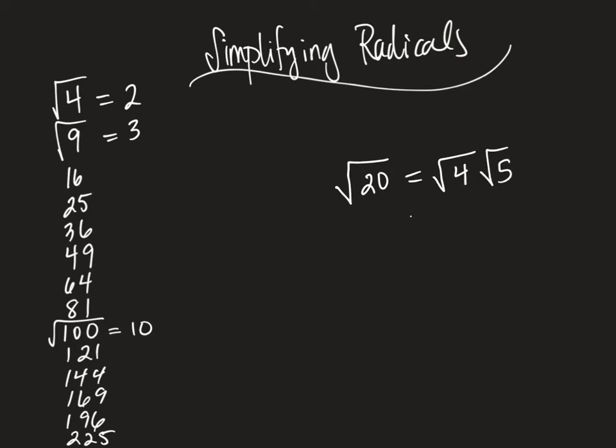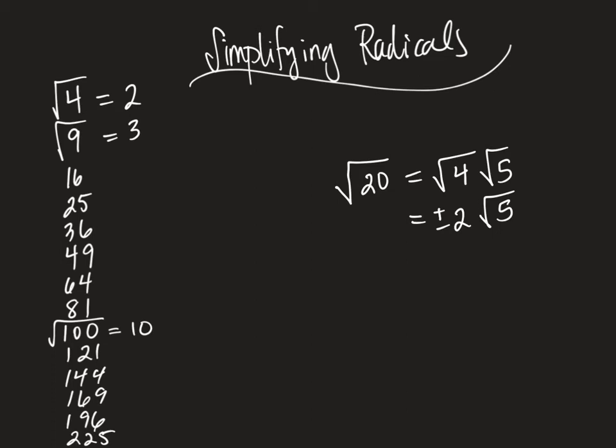I already know 4 has a square root, which is 2, and then radical 5 would stay as radical 5. We also want to account for the fact that 4 actually has 2 square roots, a positive and a negative. Now in geometry we don't use that a whole lot because we're usually talking about lengths of sides, and so we would negate the negative anyways. We would only use the positive.